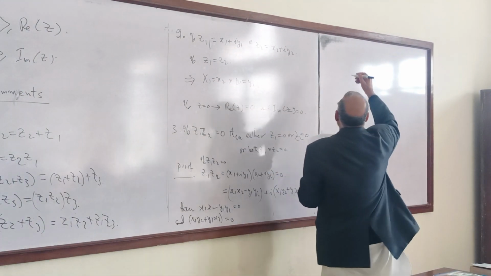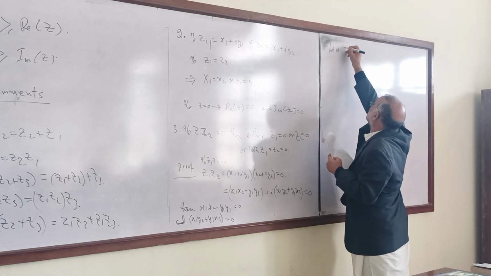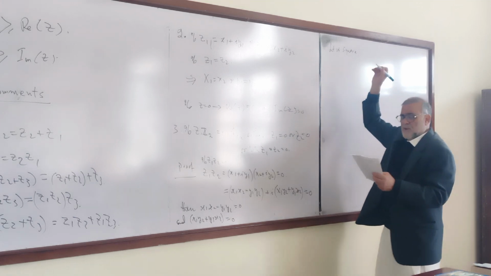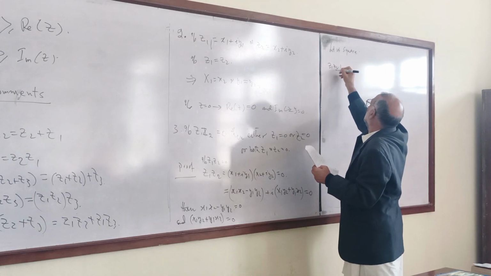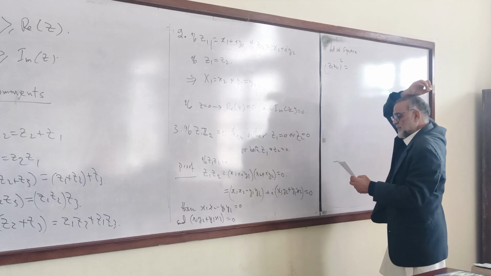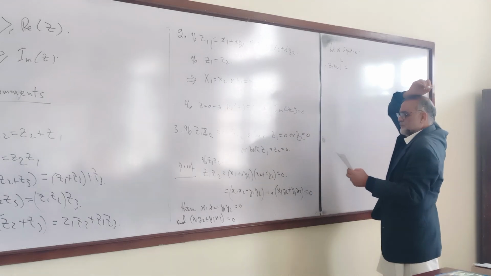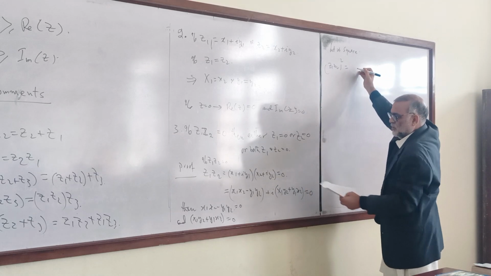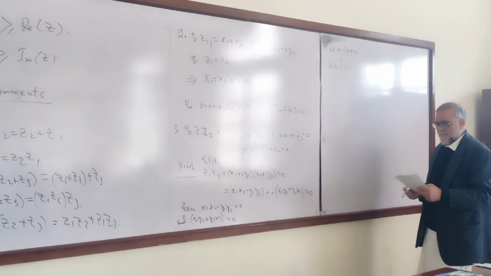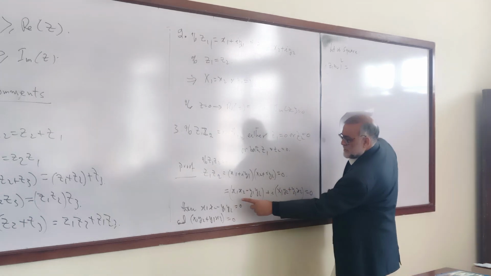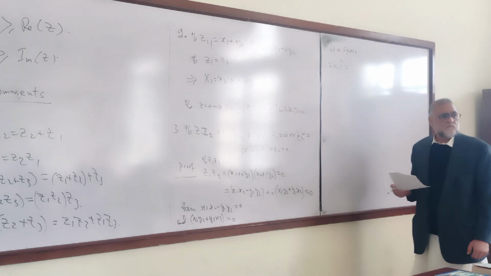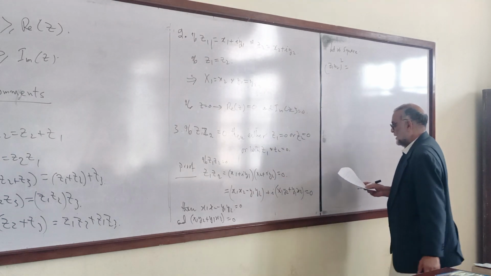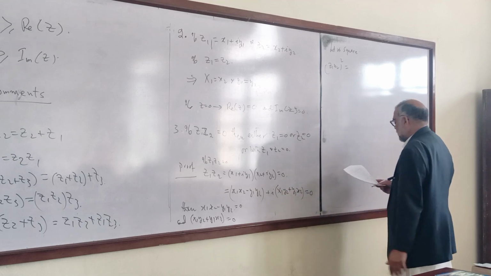Let us square. So (Z1 Z2) whole squared is equal to 0. This square equals this square, and this square equals 0.